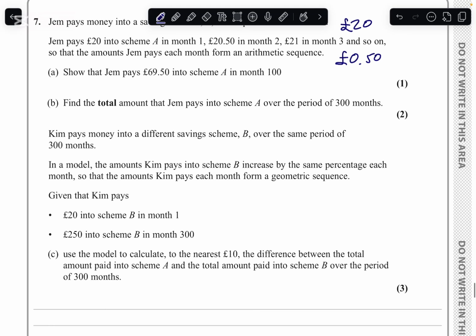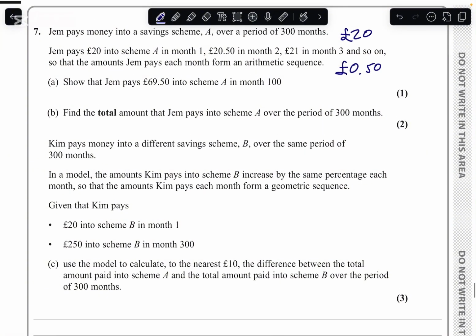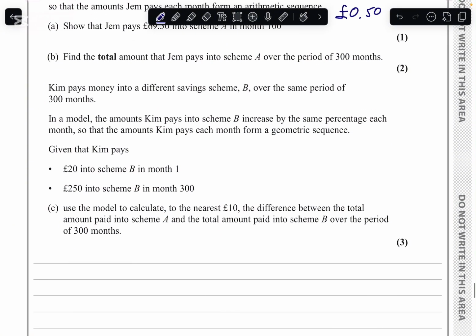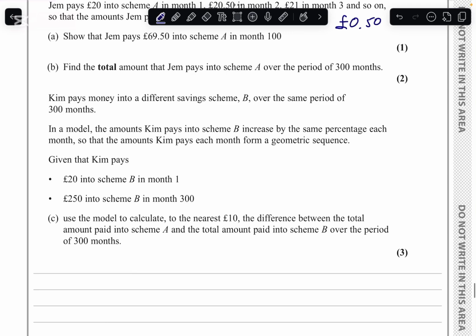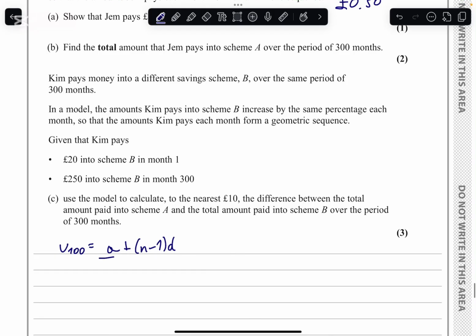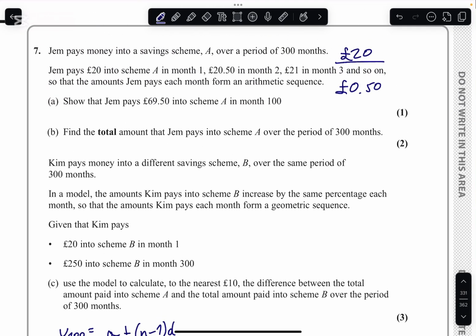So from that, we can find question A, which says, show that Jem pays 69.50 into scheme A in month 100. So what we have to do here is find the 100th term and say U100 equals A plus N minus 1 D. A is the starting value, which we found to be 20 pounds.